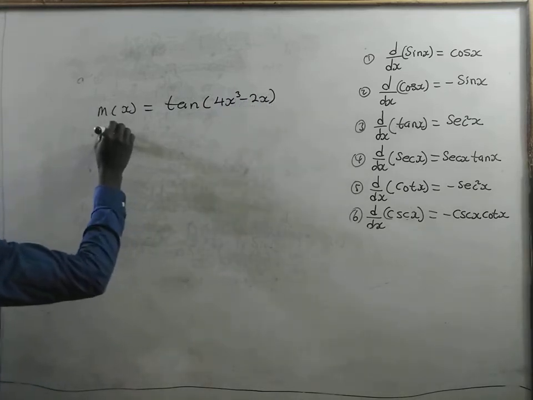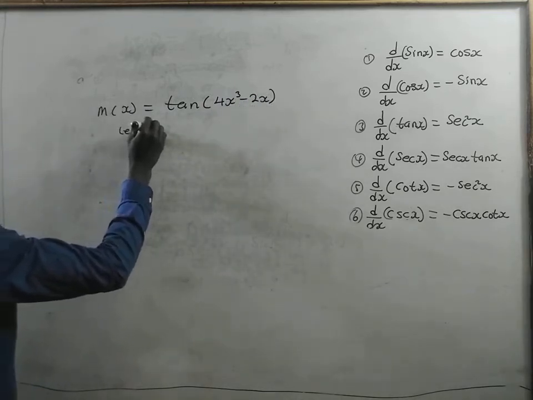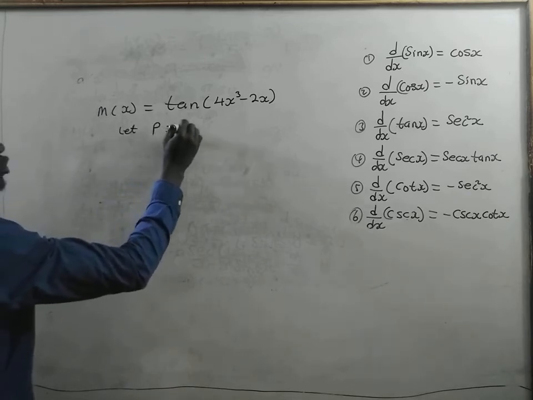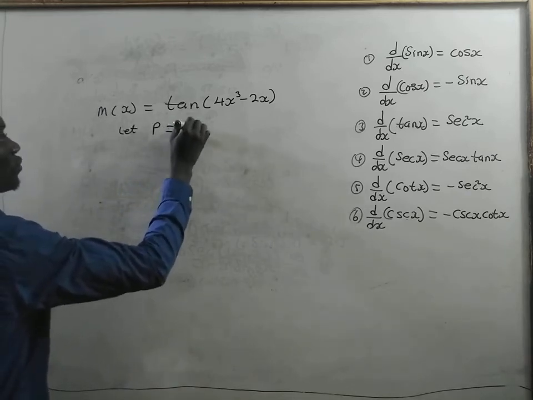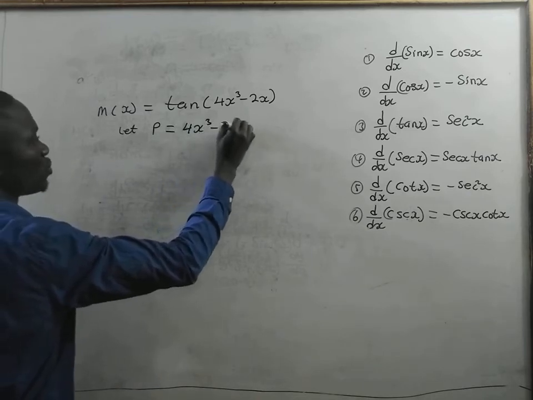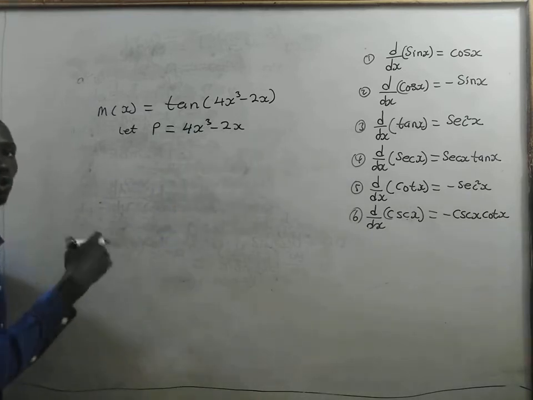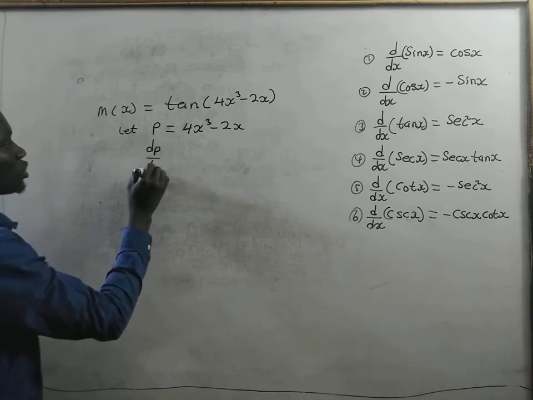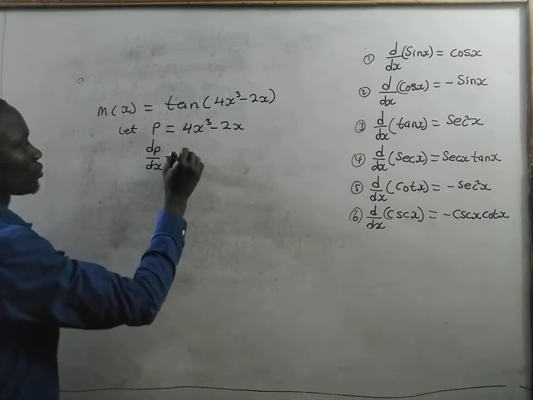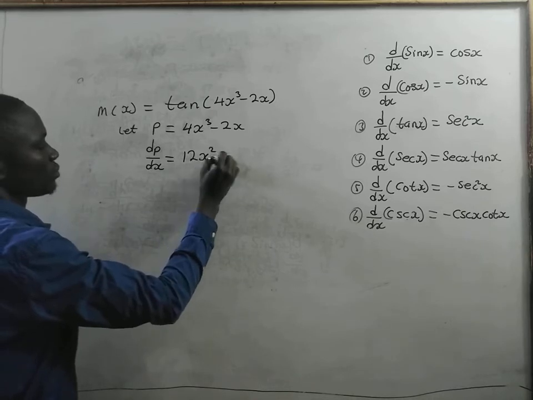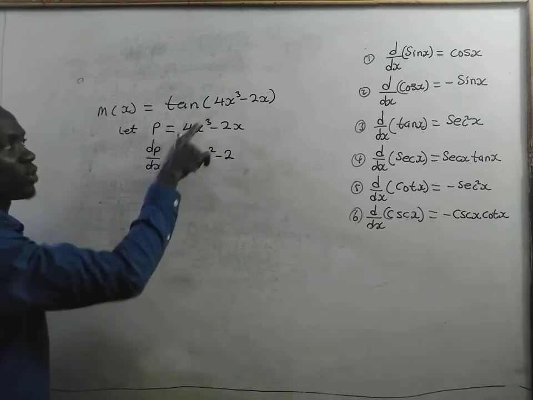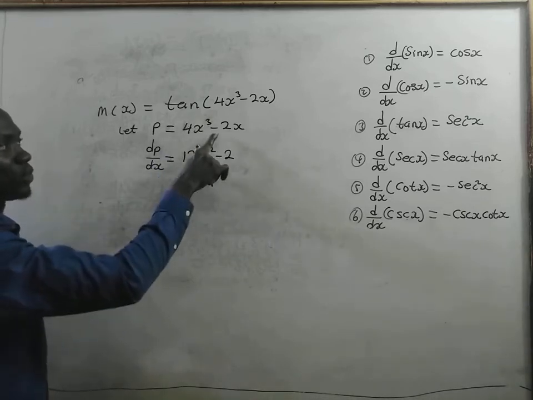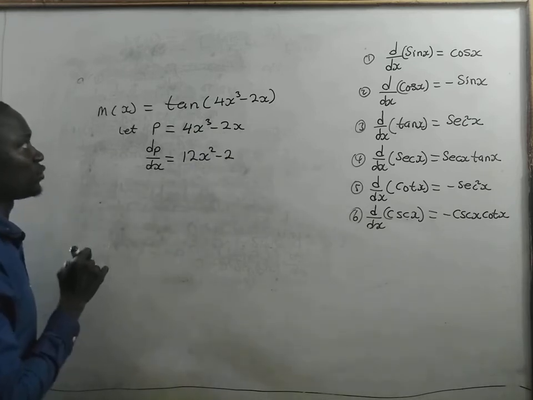So here, if I let p be equal to 4x cubed minus 2x, I'll be using p, you can use any other variable. Then the derivative of p with respect to x is equal to 12x squared minus 2. If we differentiate 4x cubed, we get 12x squared. If we differentiate negative 2x, we get negative 2.